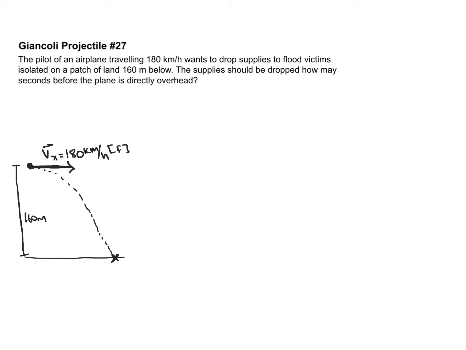So it looks like I don't have too much information here. Well, let's list things out into two columns: vertical information and horizontal information. Vertically, the velocity is initially 0. It starts with a purely horizontal velocity, so this can be 0 meters per second.